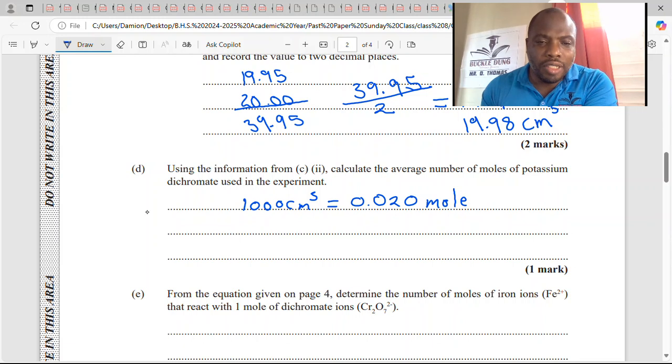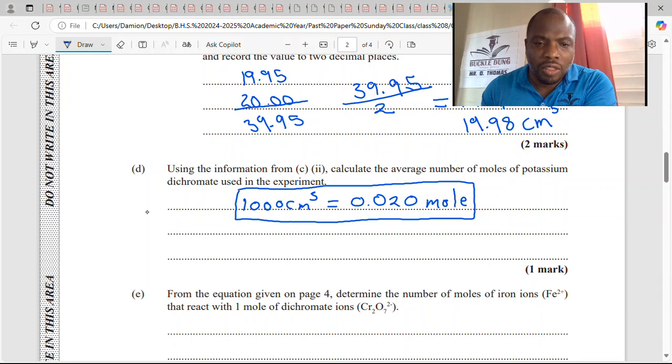And I say once I get to this, this is my conversion factor. I'm going to be creating a fraction from this. So I know I used in my experiment 19.98 centimeter cube. I'm going to be multiplying it.